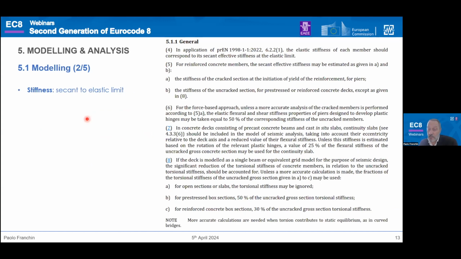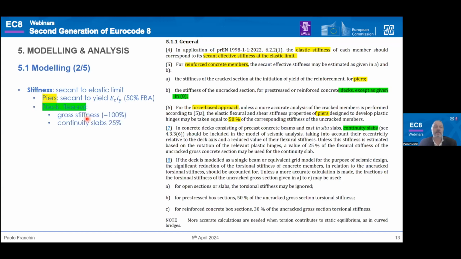In terms of stiffness, the other very important aspect, this is secant to the elastic limit for reinforced concrete members. In particular, for piers, that are the places where we expect nonlinear actions, if energy dissipation in members is considered as part of the seismic design strategy, then this effective stiffness will be the effective stiffness secant to yield, which is approximated as usual as 50% for the force-based approach, so regular force-based design.